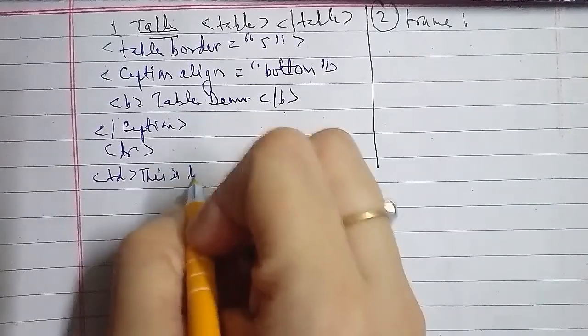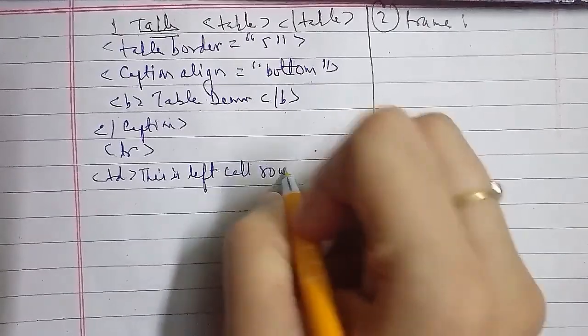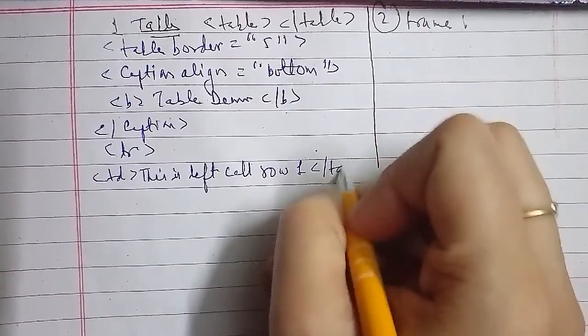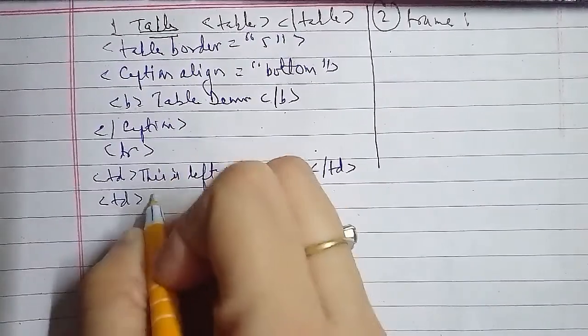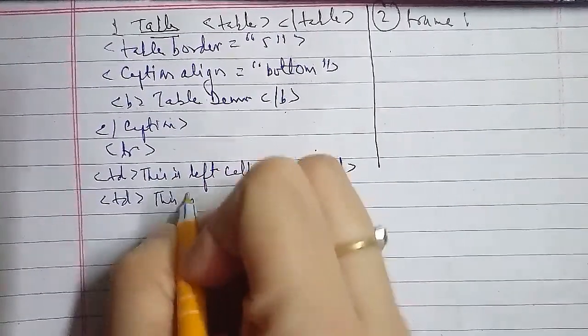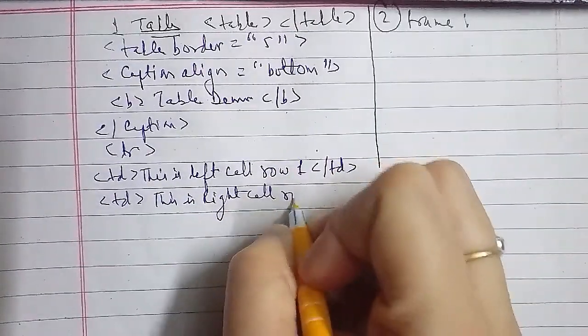Then tr closing, then again tr open, td, this is left cell row 2, we will close the td.